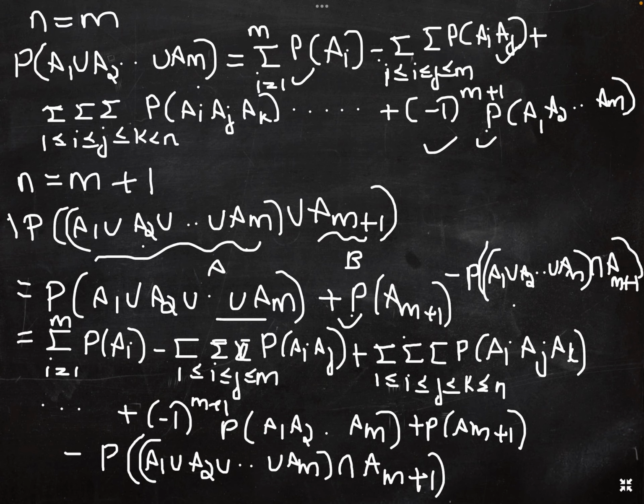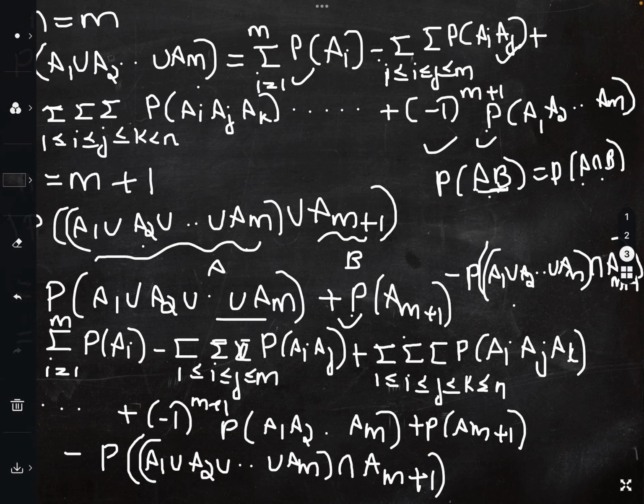Here P of Ai Aj Ak means P of Ai intersection Aj intersection Ak. P of AB means P of A intersection B. Instead of A intersection B, we write P of AB. Okay, next.